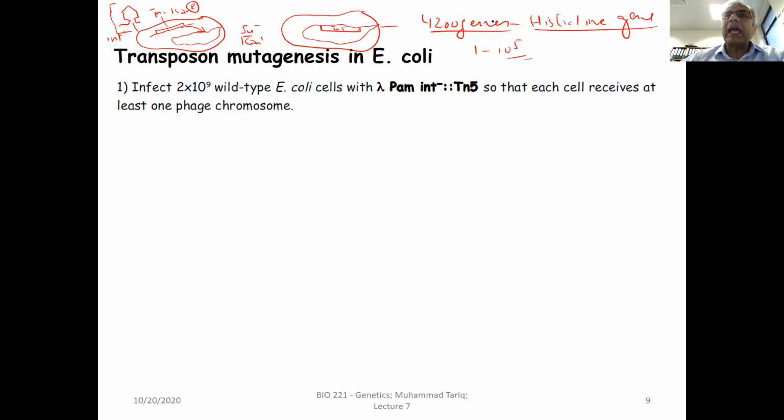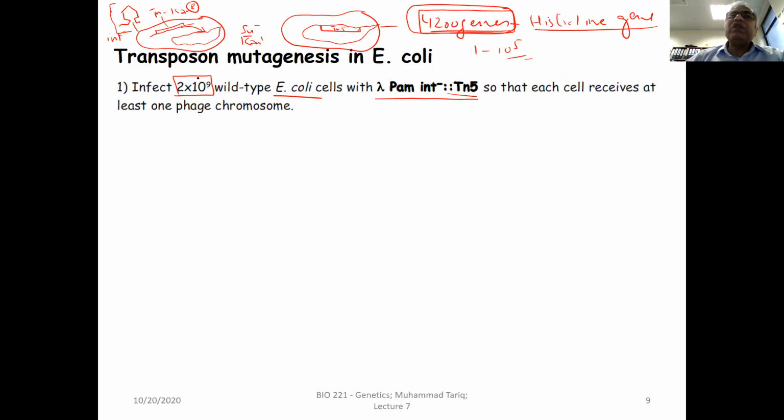We need to calculate how many bacteria we should infect to make sure we possibly get every possible gene out of these 4,200. So if we do this calculation, we'll say we will infect 2 into 10 to power 9 E. coli cells with lambda phage, the one with Tn5.